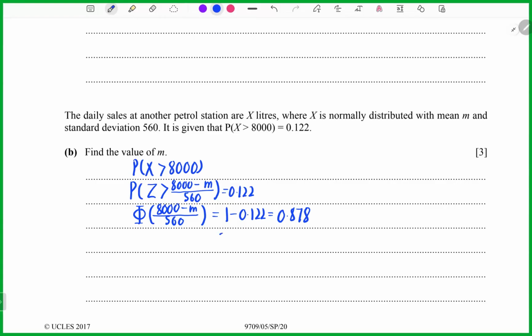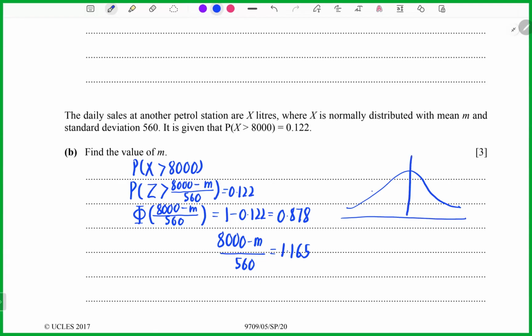Because this actually is a probability, you see the tables to take. So 8,000 minus M over 516 equals, actually I got 1.165. Now you see the sketch.